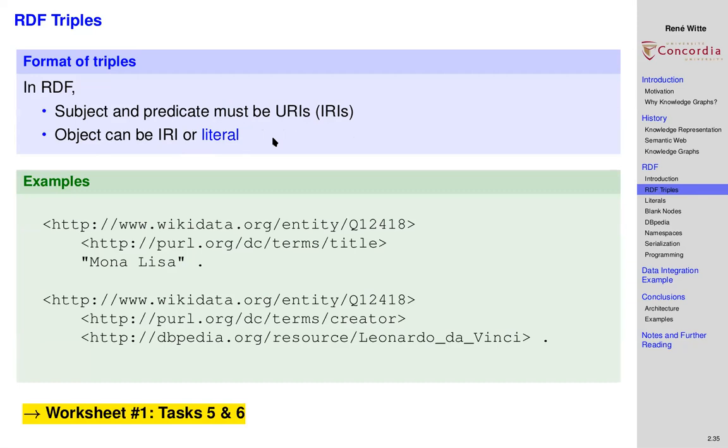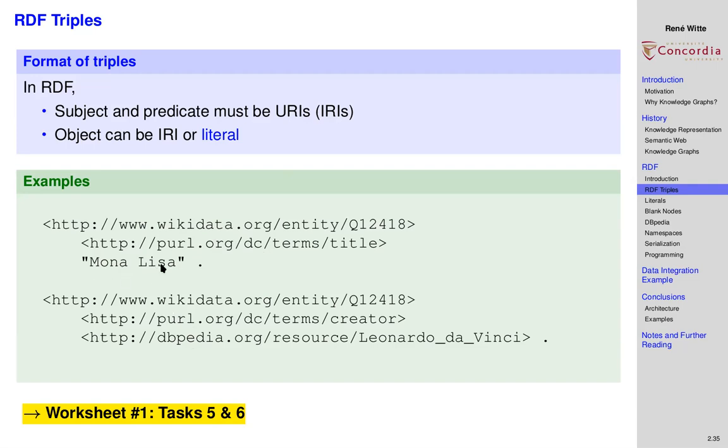So in the example graph that we just looked at, we had the painting, the Mona Lisa, and we had the creator of the painting. So now you can see that what we're looking at here are no longer just strings. In the second case, all three elements, subject, predicate, object, are URIs. And in this case here, the first two are URIs, and the last one is a literal.